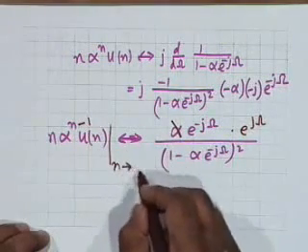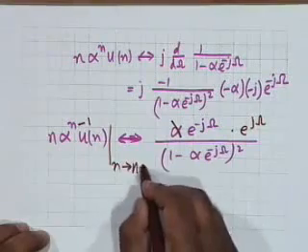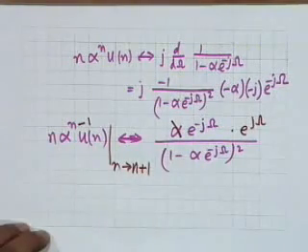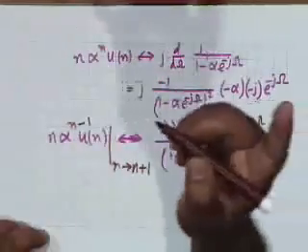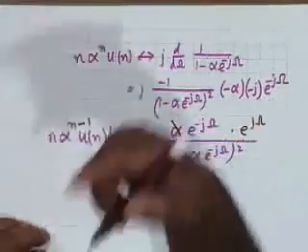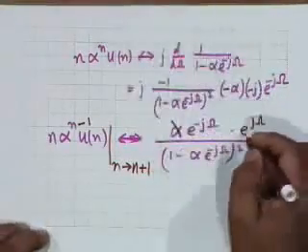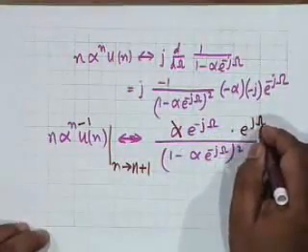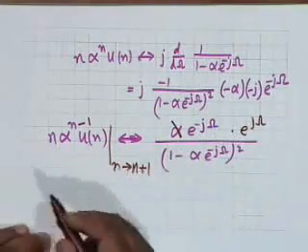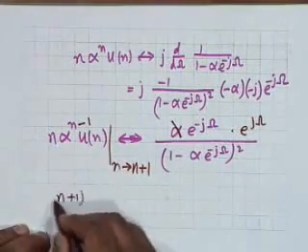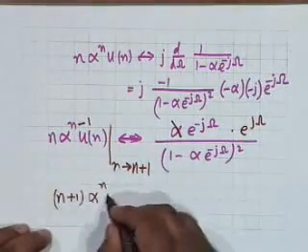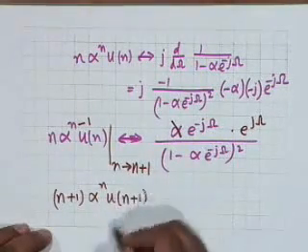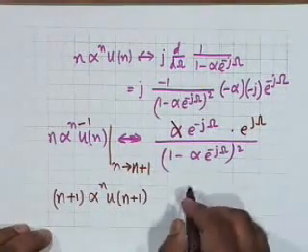N should be changed to n plus 1. If we multiply by e to the minus j omega, then n should be changed to n minus 1. Now we are multiplying by e to the plus j omega, and therefore n should be changed to n plus 1. That means what we get is n plus 1 times alpha to the n u of n plus 1, alright.